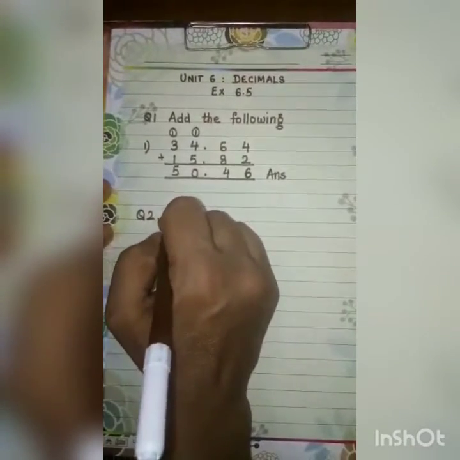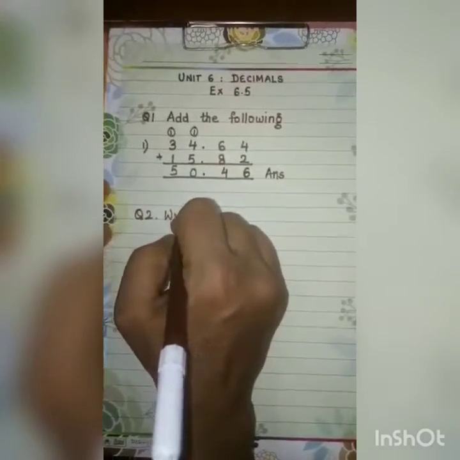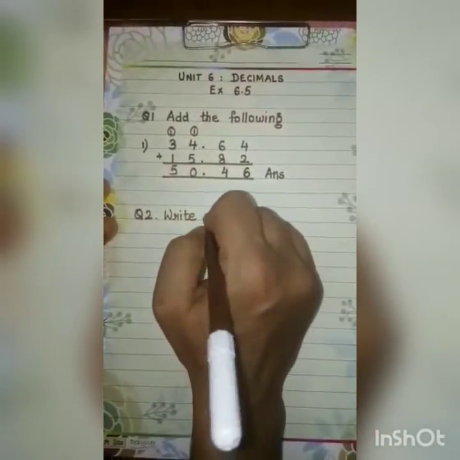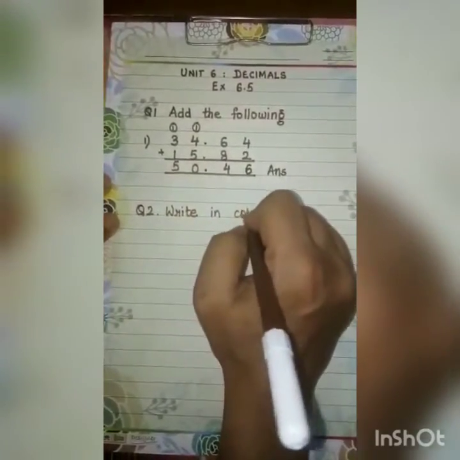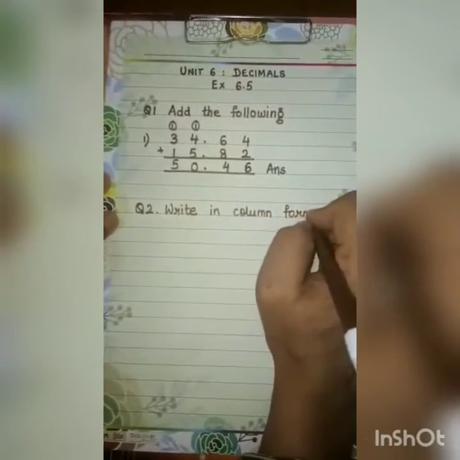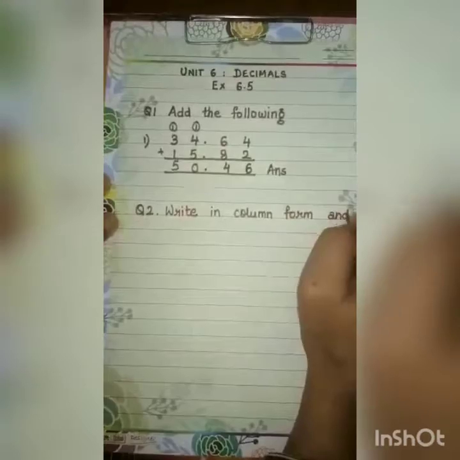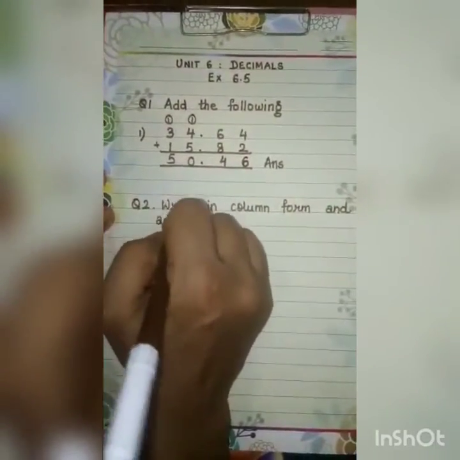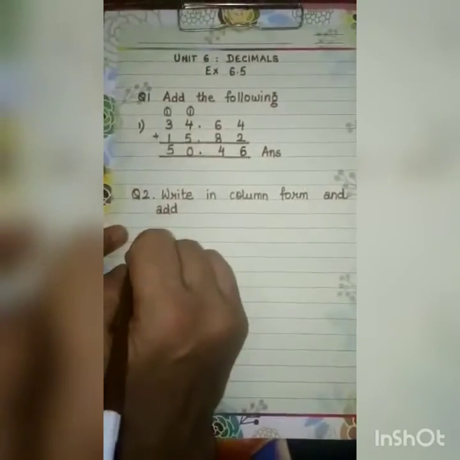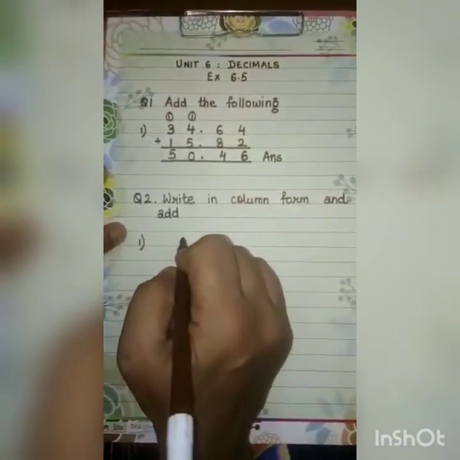Now let me take another example of the addition of decimal numbers. Write in column form and add. Now all of you must be knowing what is column form. It is writing one number under the other and then doing the required operation.